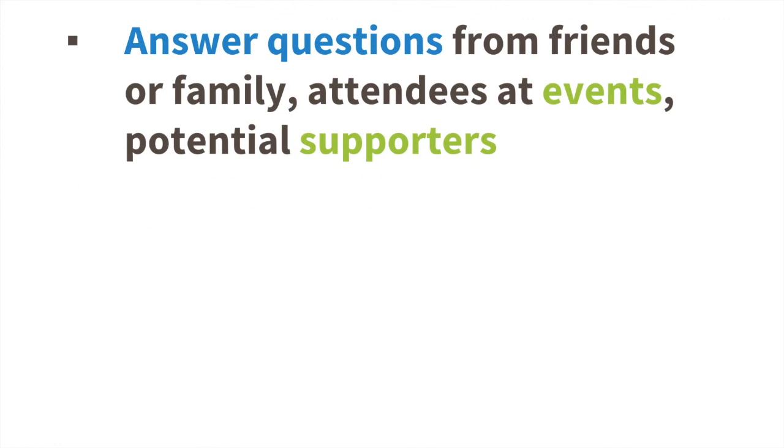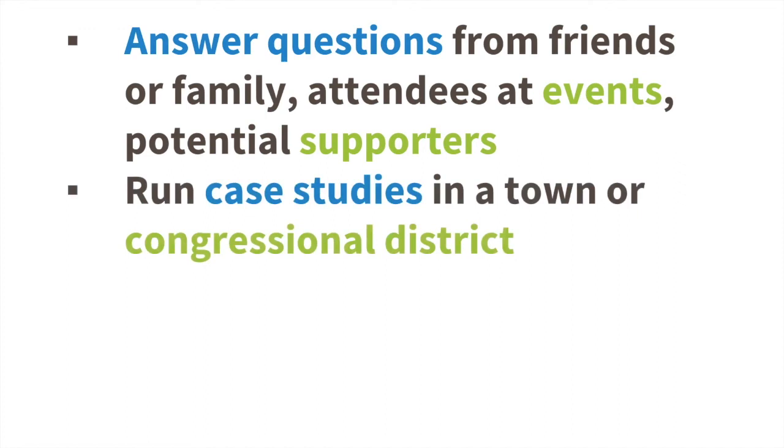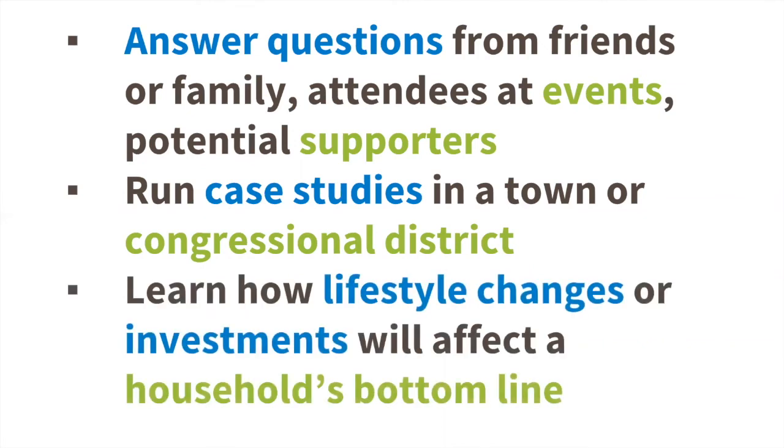It can be used to create case studies for households in a particular town or congressional district. It can also be used to find out how certain lifestyle changes or investments, like buying a hybrid vehicle, installing a high-efficiency furnace, or even putting up solar panels, will affect your bottom line under the policy.